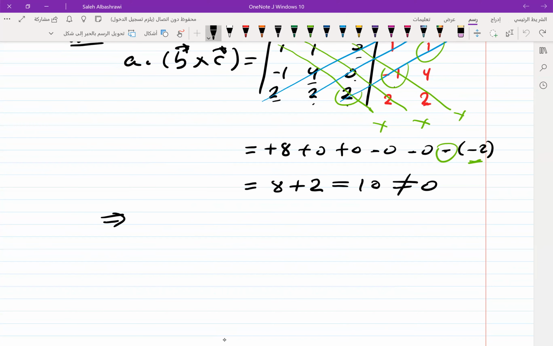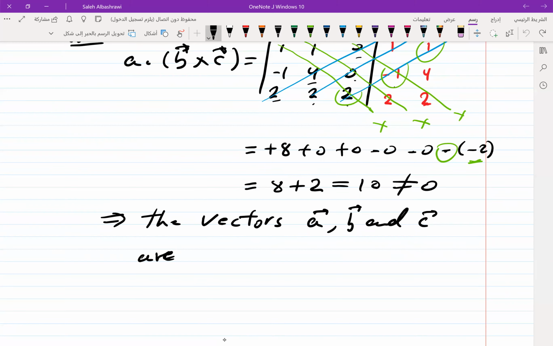So the vectors A, B, and C are not coplanar, because the value of A dot B cross C is not equal to 0.